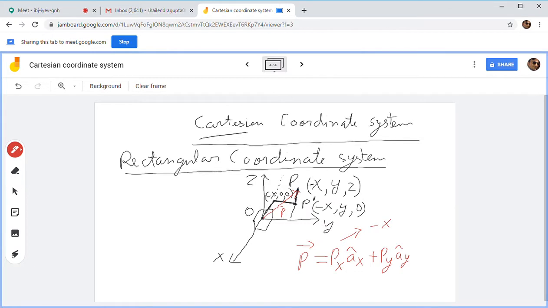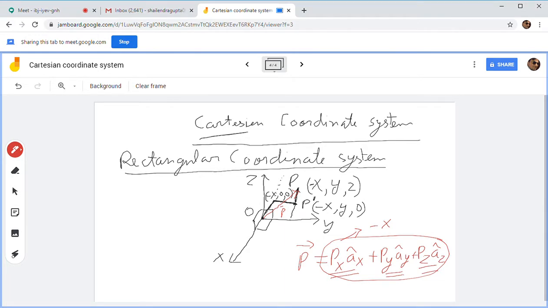Okay, then Pz in az direction. So what we are doing, we are first traveling in x direction, then y direction, then z direction. All this will give you the final vector P.